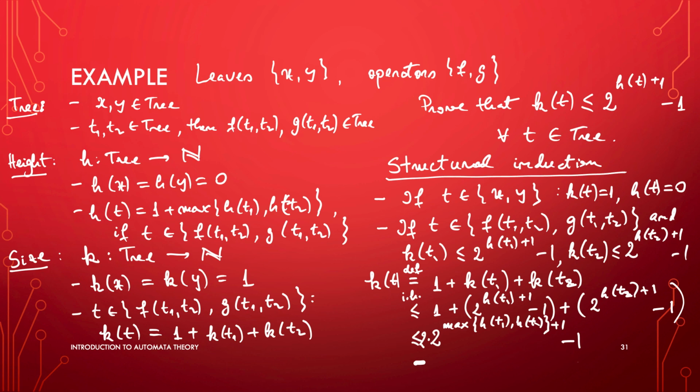And this is now equal, by definition, to the height of T. 1 plus the maximum between h of T1 and h of T2 is exactly the height of T. So what I'm getting here is that this is exactly 2 times 2 to the power height of T, minus 1.